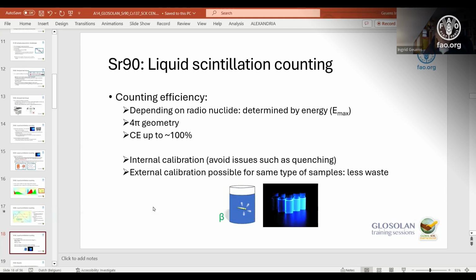You have less waste, and you also have nice reproducible results. Internal calibration is important if you have a lot of different kinds of samples where you're not sure that your sample preparation was completely okay, or that all nuclides are gone. Then internal calibration can help to make sure that the quenching is taken care of. Both are possible, and if you know your samples very well, external calibration also works very well.